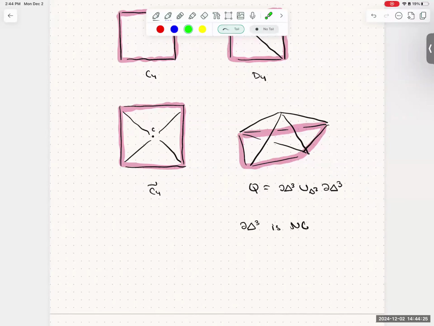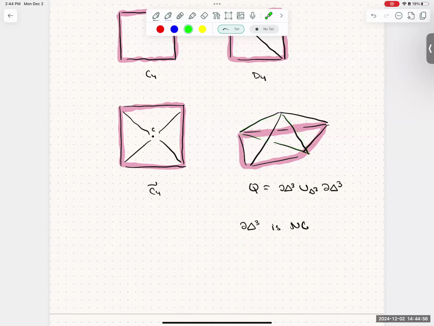So suppose that P satisfies the inequalities. We want to show that it extends to a certain space. That space is non-contextual. Therefore, it shows that our original distribution is non-contextual. In broad strokes, for this case, you use the gluing lemma because boundary of delta 3 is non-contextual, and you're gluing along a simplex.